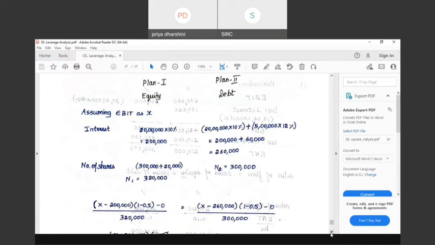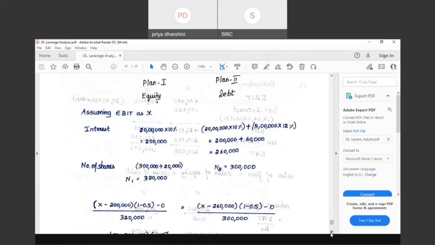If both give me the same EPS, that is called indifference level. You are indifferent whether you are choosing equity or debt. So when will you be indifferent? When both give you the same conclusion. So when both financial plans give you the same EPS, such is called an indifference point.